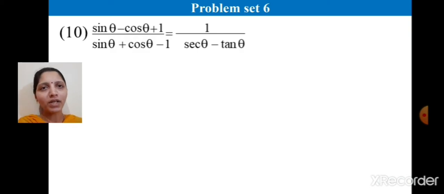So this is one method. Now one more method you can use here. You can apply the identity equations here and you can prove this. Today I am going to show you the identity equations method. Whichever method you find comfortable, you can use that method.